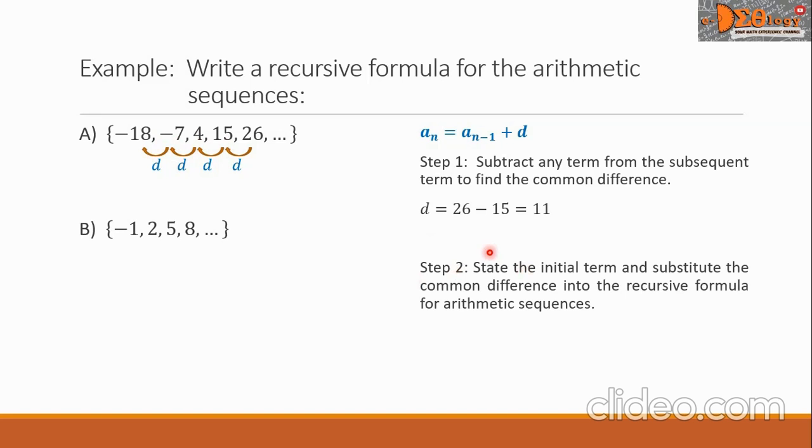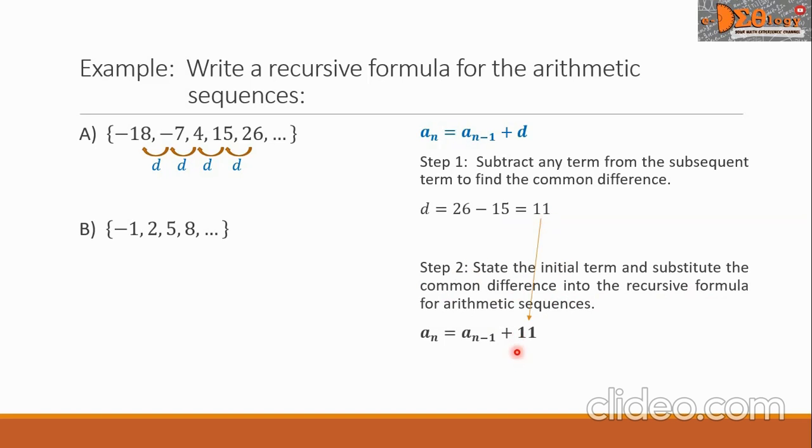Step 2 says, state the initial term and substitute the common difference into the recursive formula for arithmetic sequences. In other words, we will copy the recursive formula here, and then we will substitute the value of d that we got from step 1.